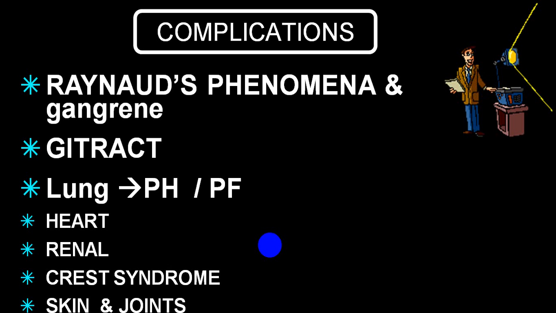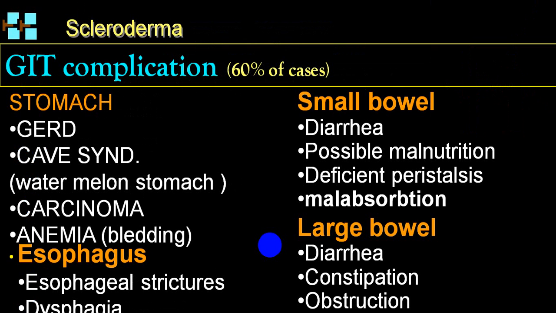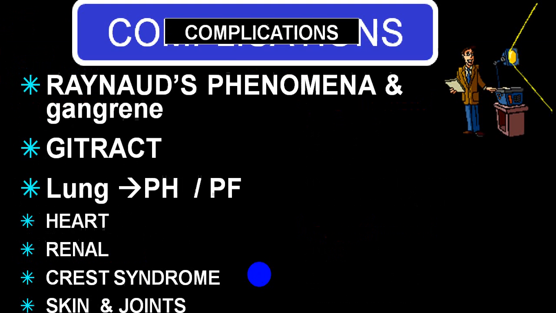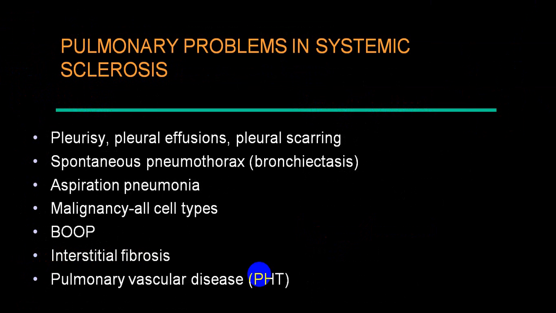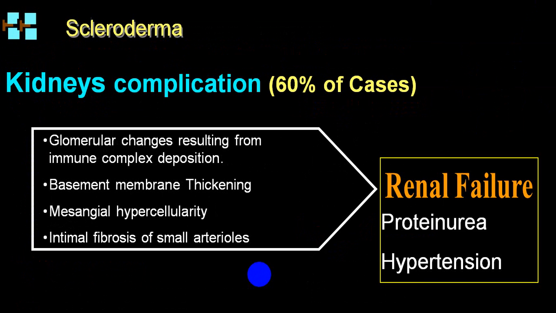The kidney can be involved, leading to proteinuria, and there can be renal crisis, CREST syndrome, skin and joint involvement, etc. So this is stomach, esophagus, small bowel, large bowel involvement, which we have already mentioned. Almost 60% of people will develop these complications. These are pulmonary complications, and we have already shown you the slide. In the kidney, proteinuria and renal hypertension, and renal crisis can happen.